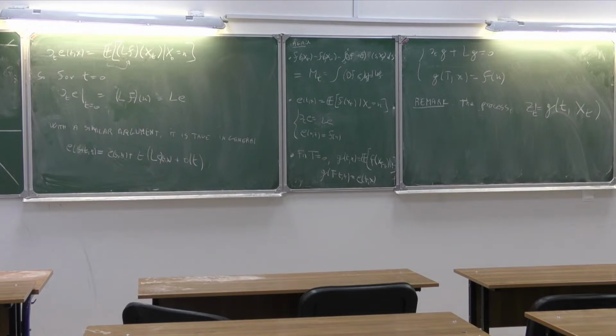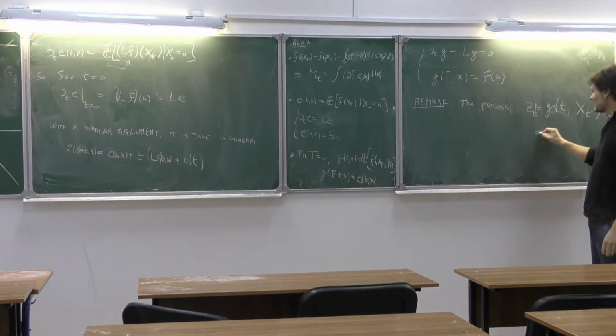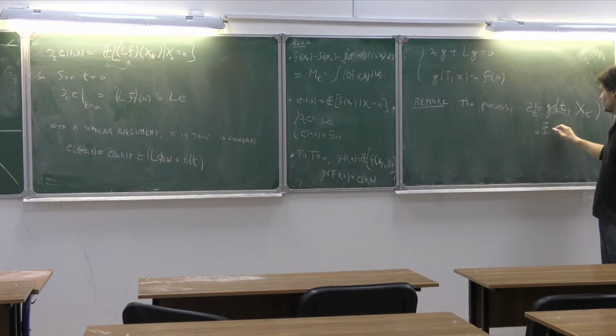So I can write it as the expected value of f of X at time big T minus t. Be very careful with this notation and what it means. If we write it like this, the average is done on X. How can you write it like that? That's not a good notation, that's what I mean.